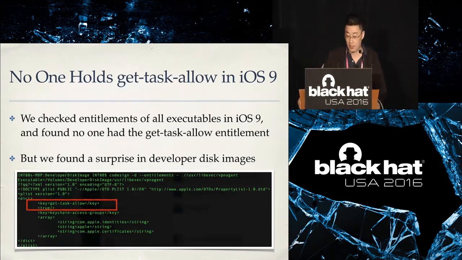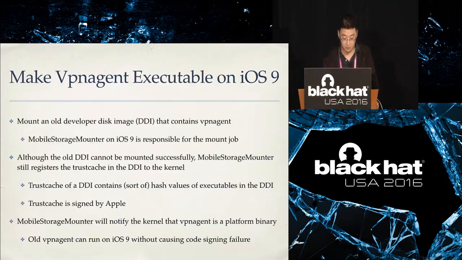Unfortunately, on iOS 9, no program has this entitlement. So it's very bad. But we found a surprise in the developer disk images. In a very old version of the DDI, we found a program called VPN agent, which happens to have this entitlement. So now we try to mount the old version of DDI onto the iOS device so that we have the VPN agent available.